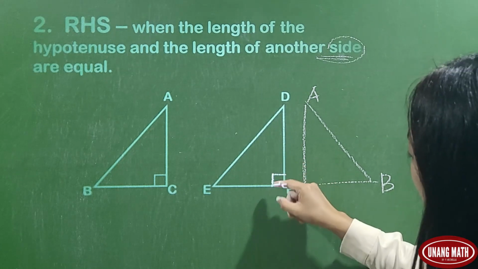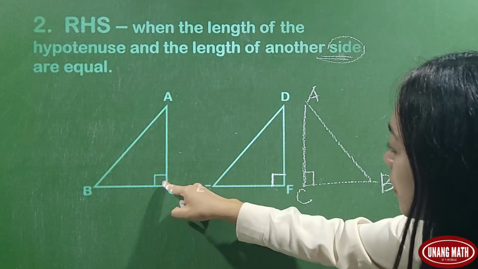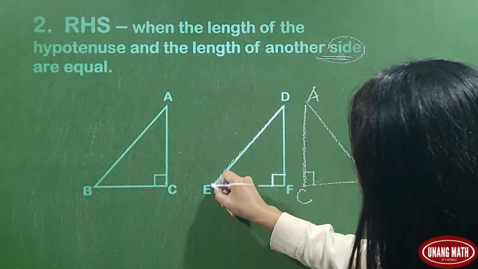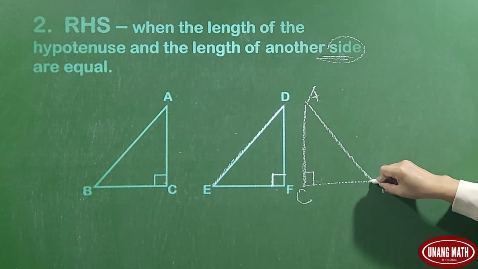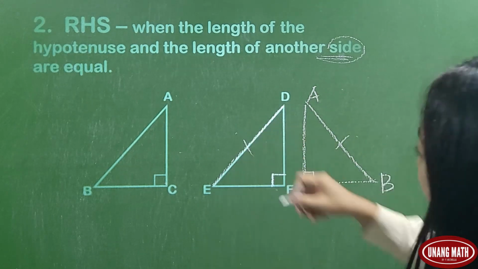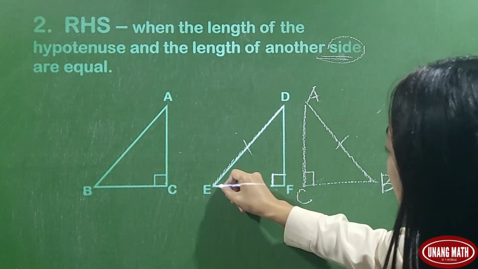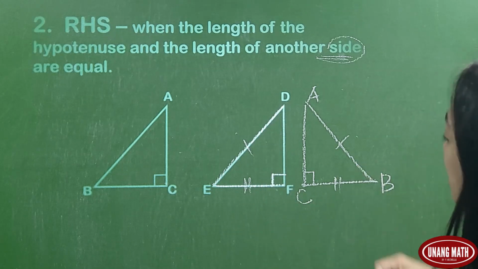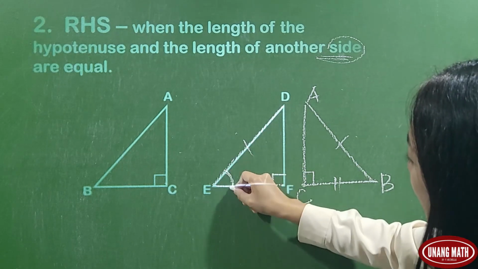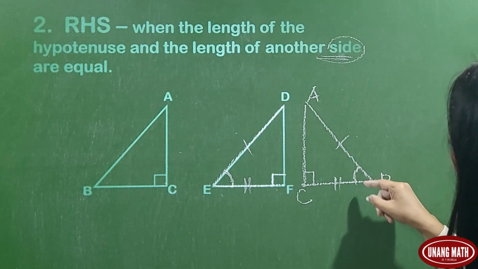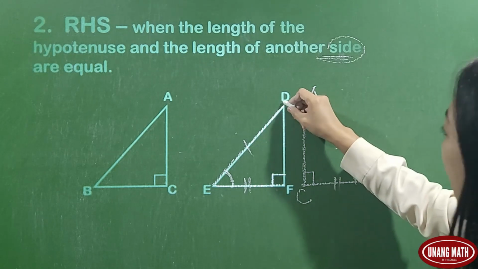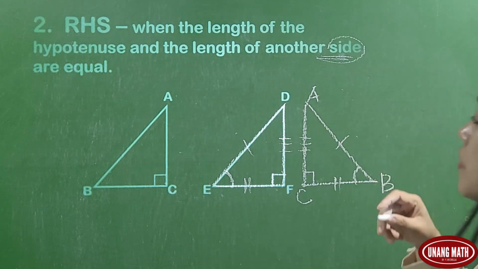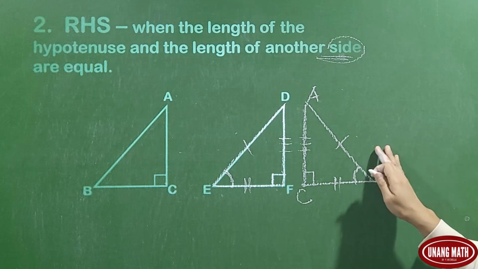This is the right angle that corresponds to this right angle. So the hypotenuse is segment DE. Here it's segment AB. And these are equal. EF is equal to CB. It means this angle E is also equal to angle B. And this side and this side are also equal in measure.